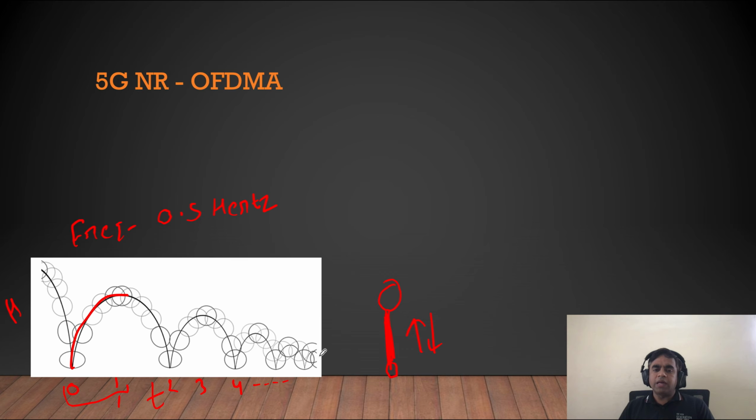If we talk about frequencies in the range of kilohertz, megahertz, or gigahertz, that means millions of such cycles are getting completed within that 1 second of time. That's why, if you recall the previous discussion, in the high band we call it millimeter wave.